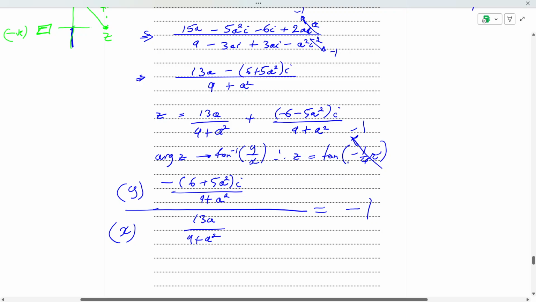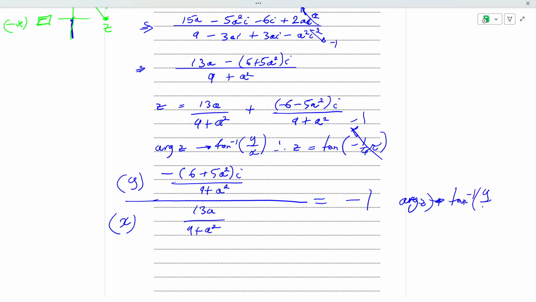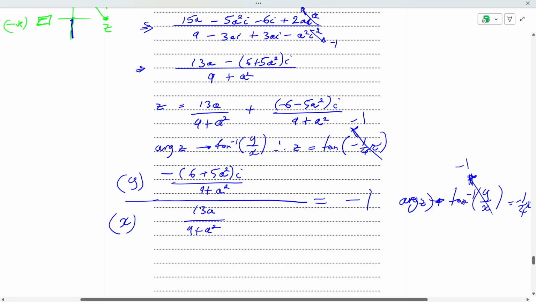Why does this work? Because remember, to get the argument of z, we said tan inverse of y over x was equal to negative quarter pi. To get that negative quarter pi, y over x was equal to negative 1. That's why we are equating y over x to negative 1.